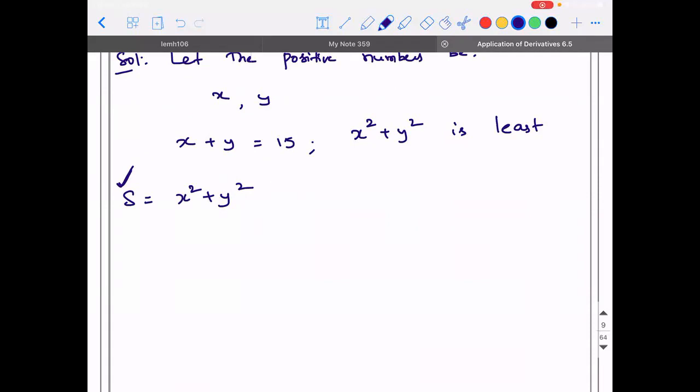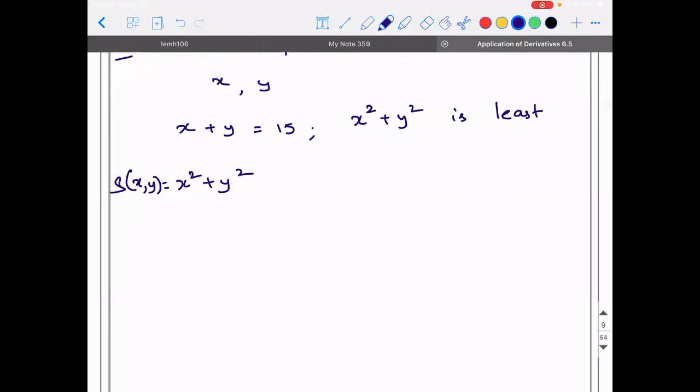What are they? x and y. So to make a two variable function a single variable function, actually a two variable function is written like this, which most of you would not have known: S is a function of x comma y. You have to ensure that this is made a function of one variable from the given condition.